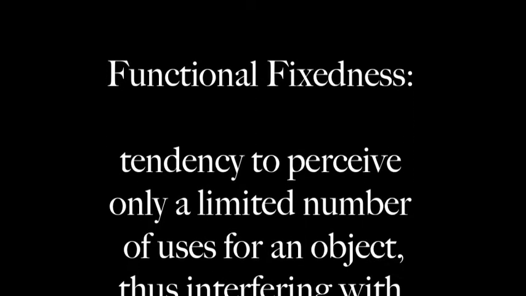Mental set is a tendency to perceive and to approach problems in certain ways. One mental set that can seriously hinder problem solving is called functional fixedness, which is the tendency to perceive only a limited number of uses for an object, thus interfering with the process of problem solving. That is fascinating.